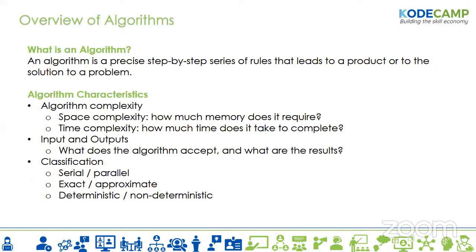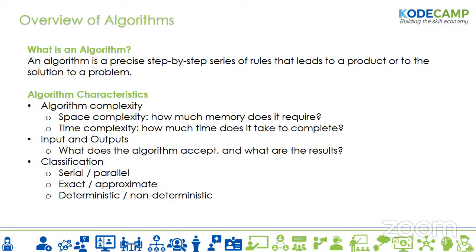Now, an algorithm is also a concept, and you can look at it as a precise step-by-step series of solutions that lead to a product. It is you putting together the steps of how you're going to solve the problem. So there is no one-size-fits-all algorithm. There's no specific algorithm that will work in every condition.